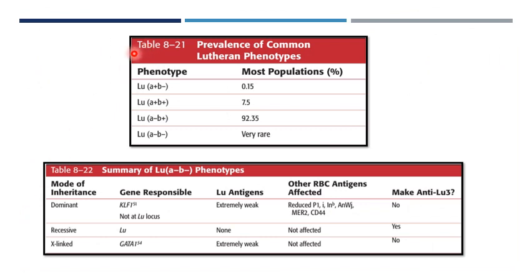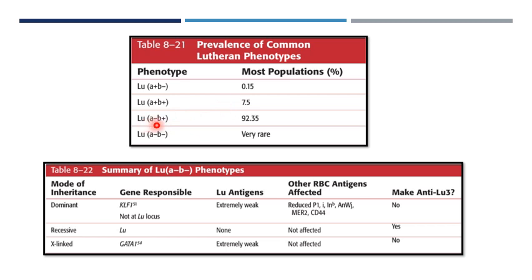Table 8-21 shows the prevalence of common Lutheran phenotypes. Phenotype Lu-A positive B negative is only 0.15%. Lu-A positive B positive has 7.5%.